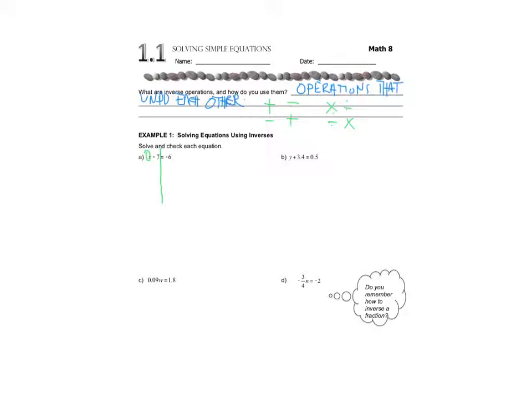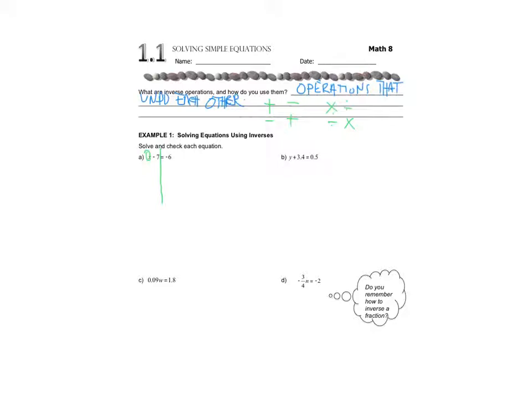So now we need to say, what is on the side with the x that we need to move? Well, you can very clearly see that the thing that's next to it is this right here, this minus 7. So remember what I said. If I want to move this 7 over to the other side, I have to cross over that line. So the only way I can move it is to do the inverse operation of what I see.